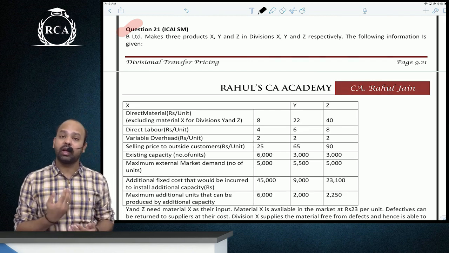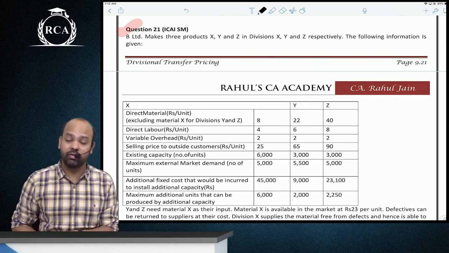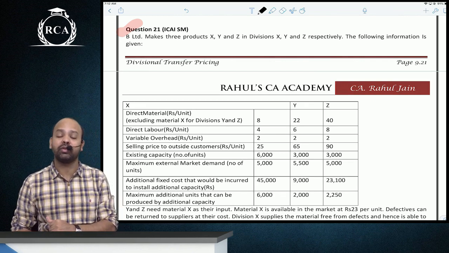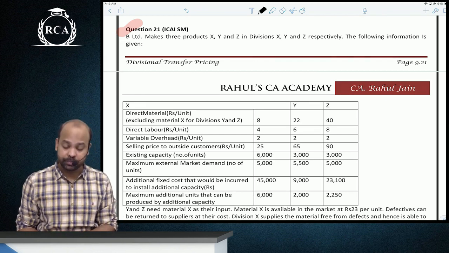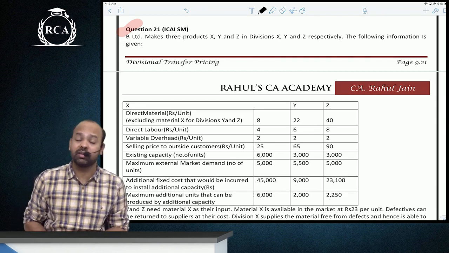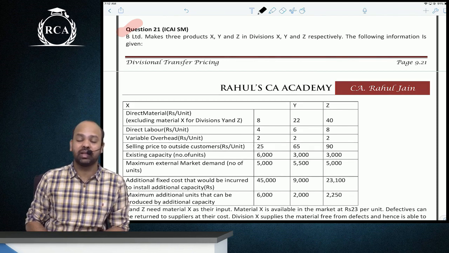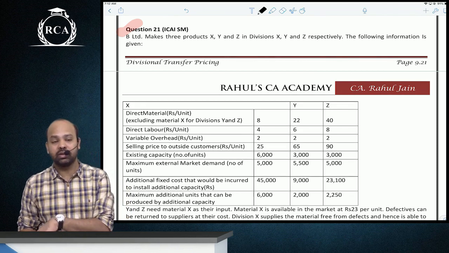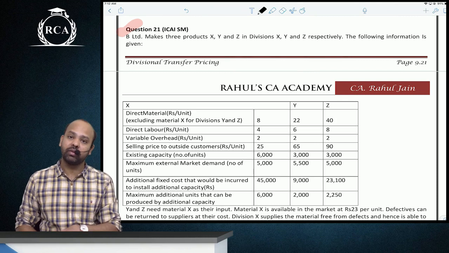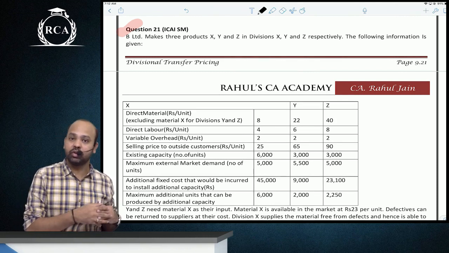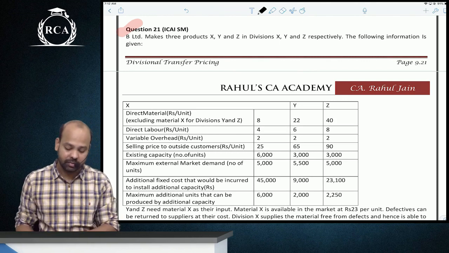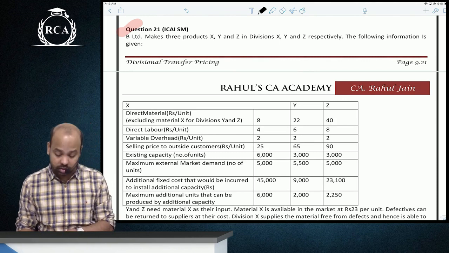To do that, all we have to do, beta, is incur 45,000 rupees. Do not forget, beta, that the external demand for division X is 5,000 units. Because of that, we would have a spare capacity of 7,000 units due to this fixed cost, and then we can decide whether we should transfer internally or not.